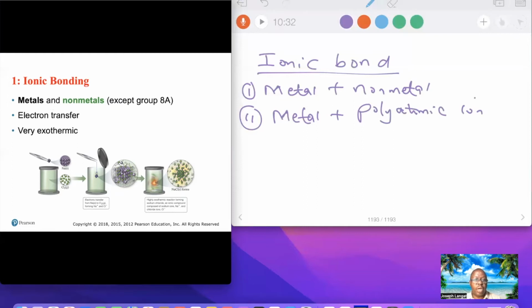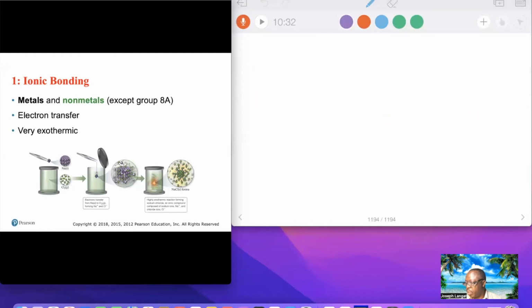It involves transfer of electrons from what to what? Remember, metals tend to lose electrons. Non-metals gain electrons to achieve group 8 valence electron configuration. So there is a transfer of electrons from metal to a non-metal.